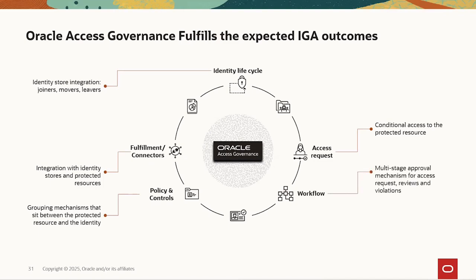The one step ahead of that is, there are some systems that should be accessible only to targeted individuals, let's say, only after approval or whatnot. There comes the access request-based provisioning.